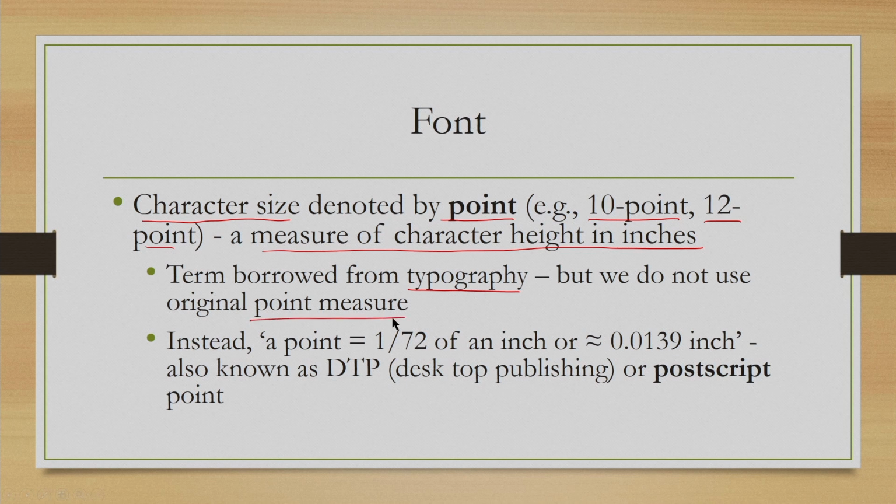Instead, we assume that a point is equivalent to 1/72 of an inch, or approximately 0.0139 inch, and this is also known as DTP, or desktop publishing, or PostScript point. So, when we talk of a point, we assume that it is 1/72 of an inch, or approximately 0.0139 inch, which indicates the height of the character.